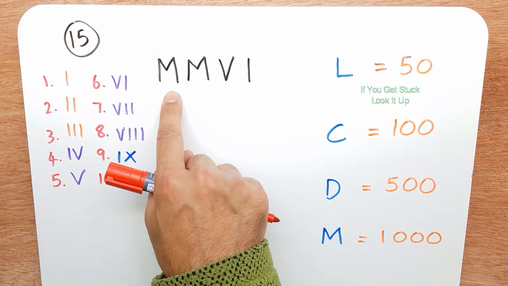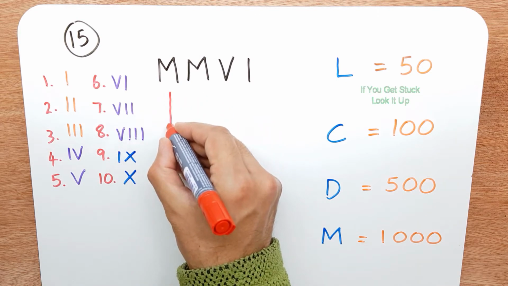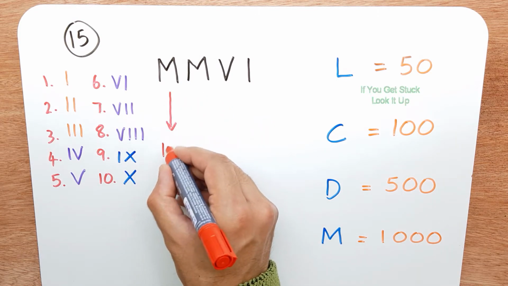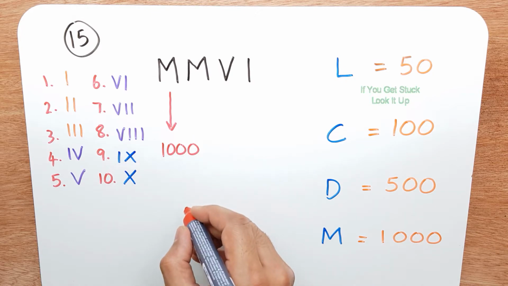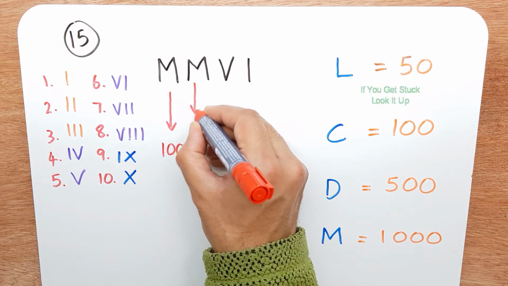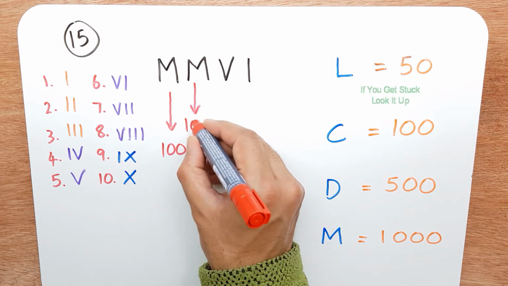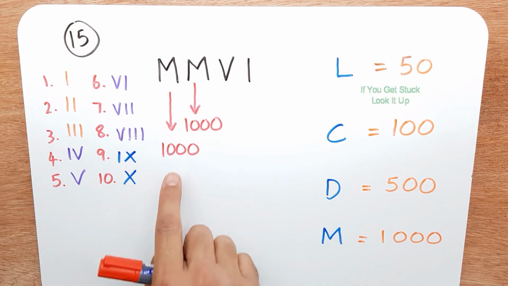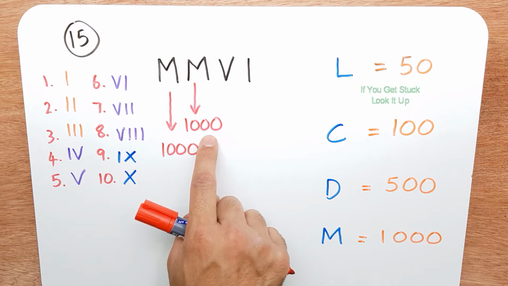If we look at this number here, we can see that this here is 1000. If we look at this number here, we can see that is 1000. So we have 1000, 2000 so far.